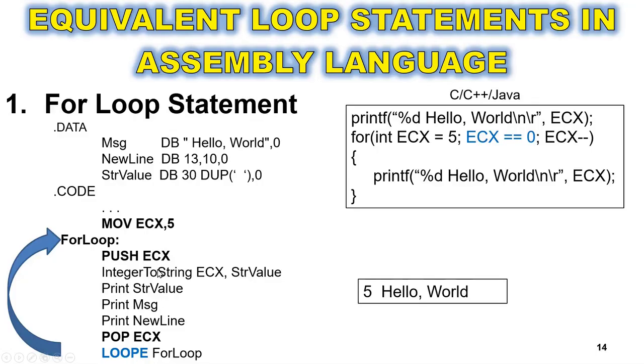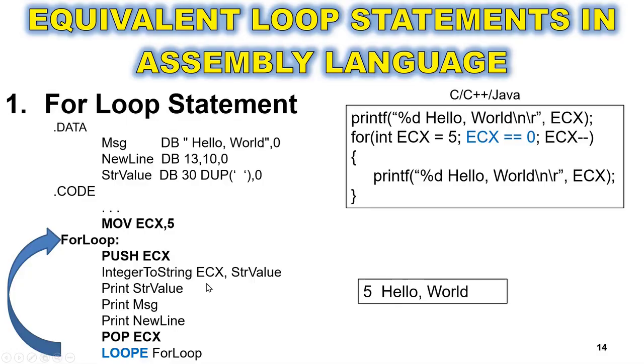When we trace the first repetition, move ECX 5, the CPU now moves to the command push ECX. The value of ECX, 5, will be pushed into the memory stack of the computer, followed by the next command.